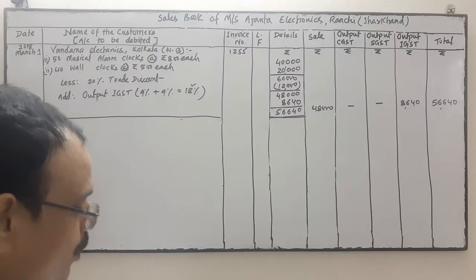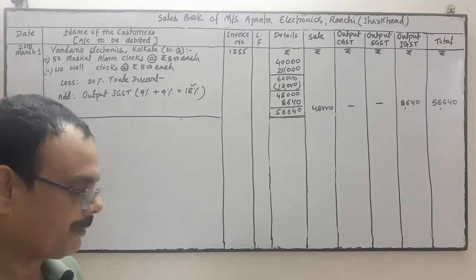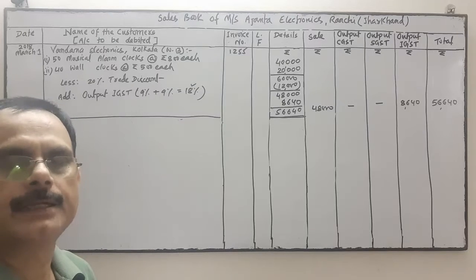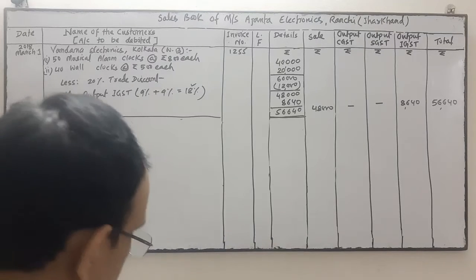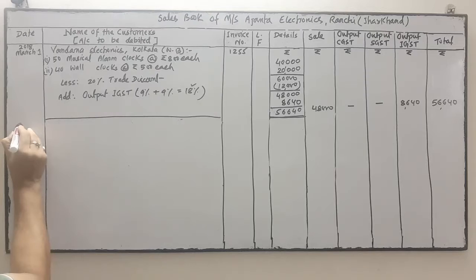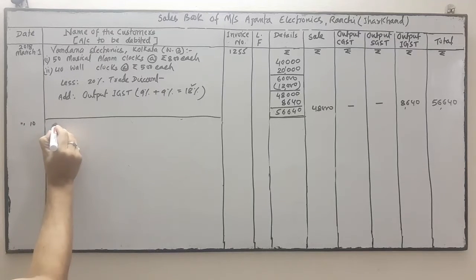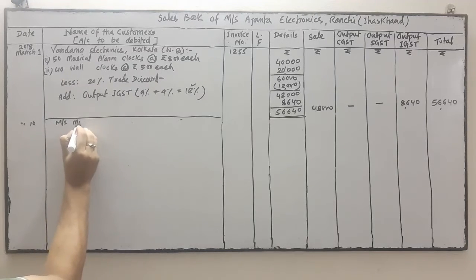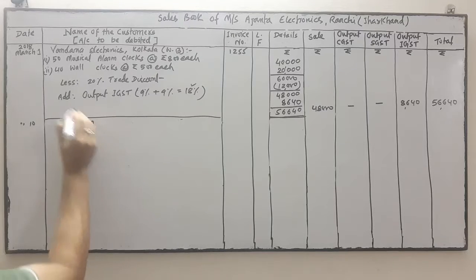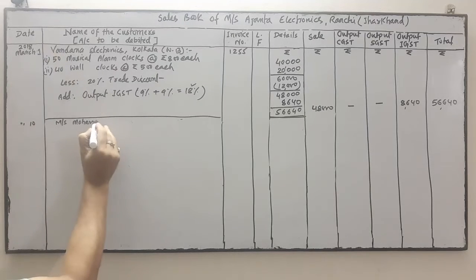The second one is sold to Mohan Watch Company, Patna, Bihar. It's also interstate, Jharkhand to Bihar, so this will come on March 10. The name of the party is Messrs. Mohan Watch Company. Always write Messrs. before the name.